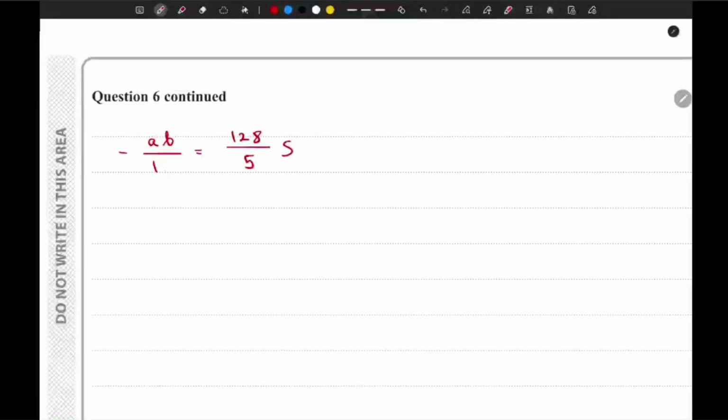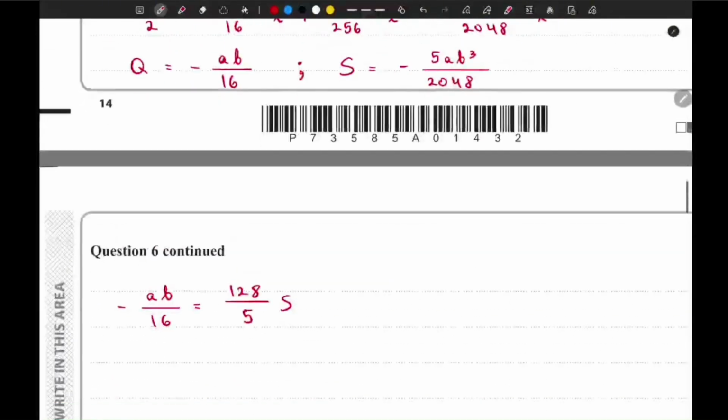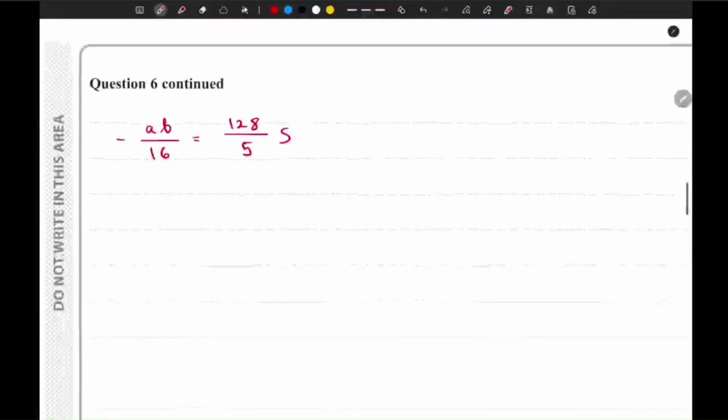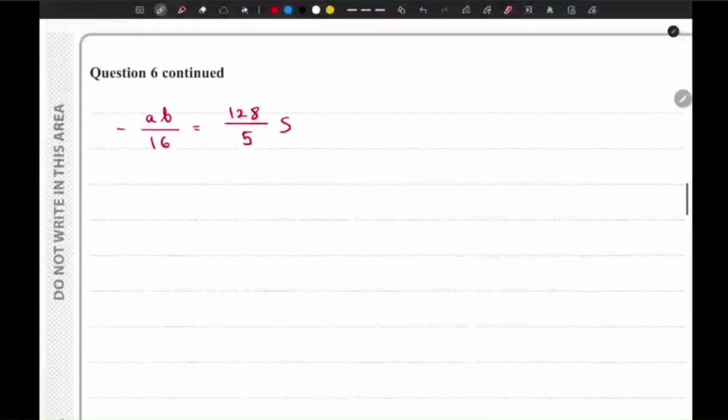And the value of S is negative 5AB cubed divided by 2048.